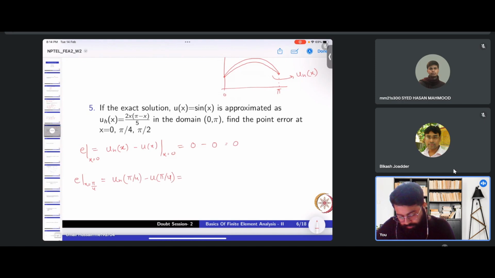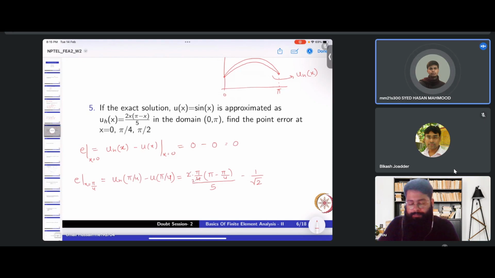So at pi by 4, what does u_h become? Sine at pi by 4 is 1 by root 2, right? Not so sure. Yes, yes, 1 by root 2.